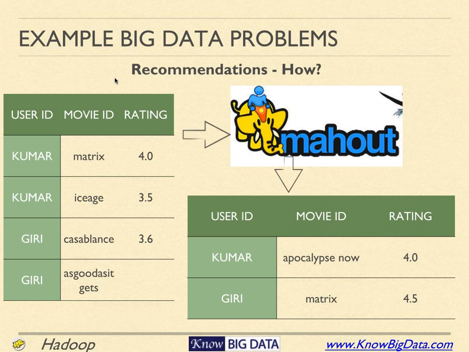So these are the kinds of recommendation, and these big data platforms try to give you the recommendation really well. For example, let's take the case of Mahout. Mahout is a tool which runs on top of Hadoop. It can give you recommendations really well on humongous data. All it requires is three-column data: product ID, user ID, and how much this user has rated this product.